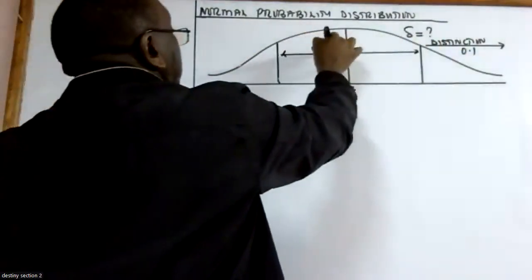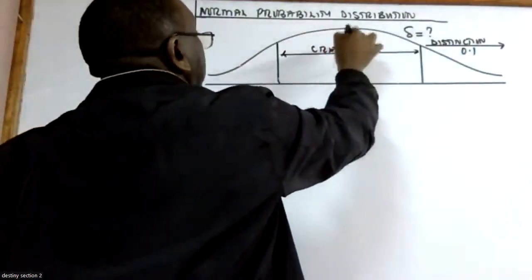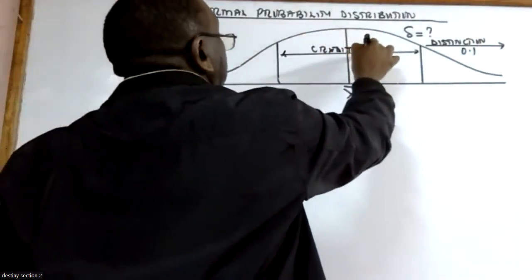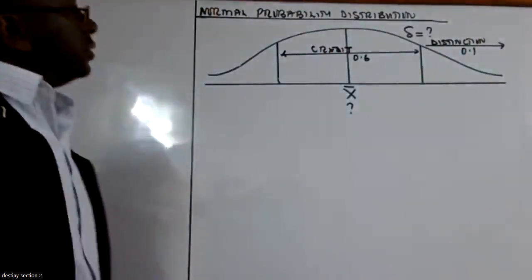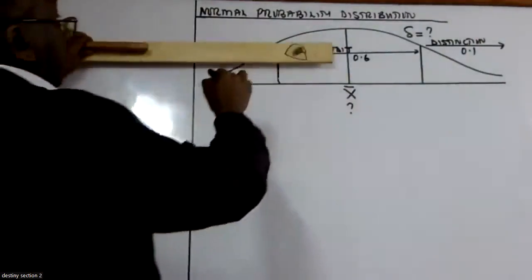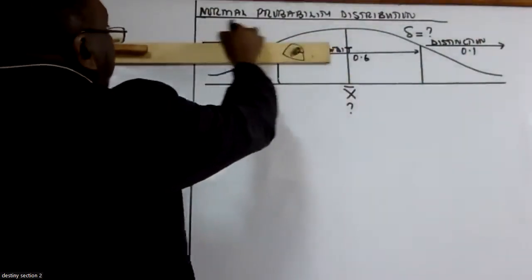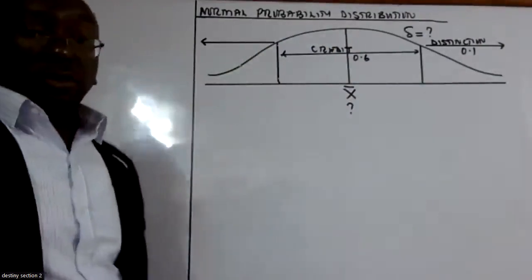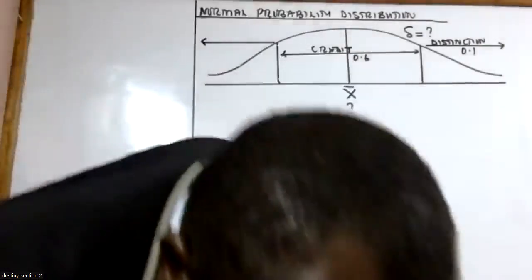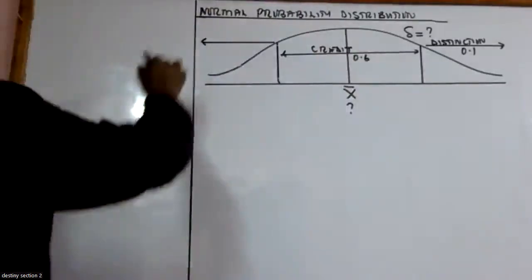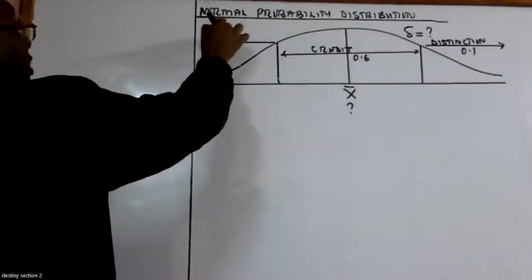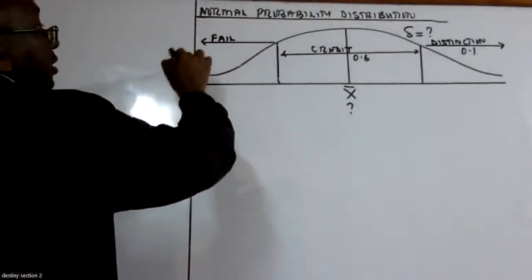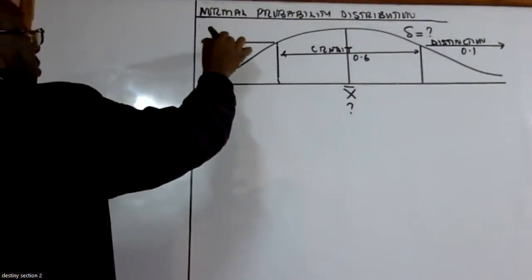This one is passed with credit and is 0.6. And then there are some fellows here who we are told they failed, and they are 30%. They failed. 0.3.